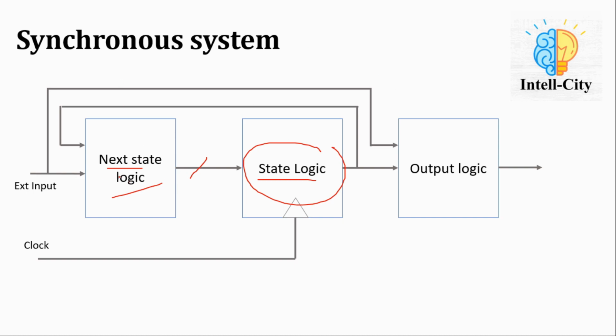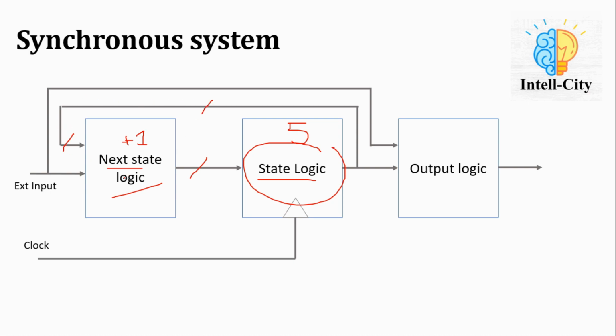For example, in the case of a counter, if the current state of the counter is 5, the next state logic will compute the next state, which in the case of a binary counter must be 6. Basically it will add 1 to the incoming input. So this 5 is fed back to the next state logic through this path.